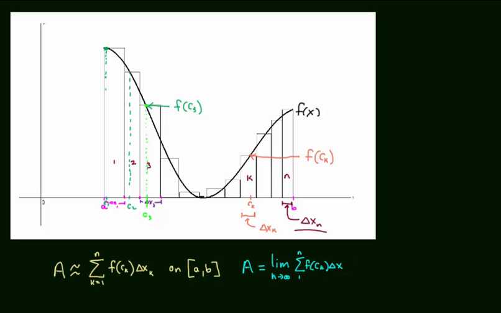And if I take that infinite sum, that will give me, behold, the definite integral of f of x dx from x equals a to x equals b, where of course this infinite sum occurred on the interval a to b.